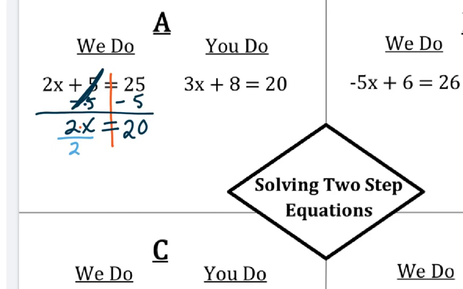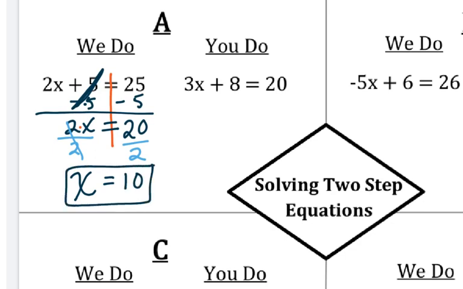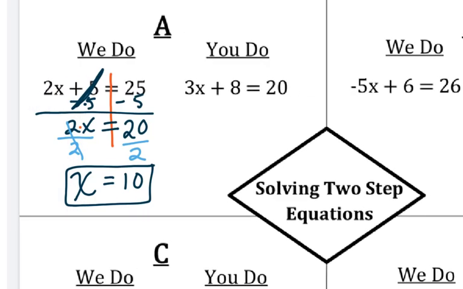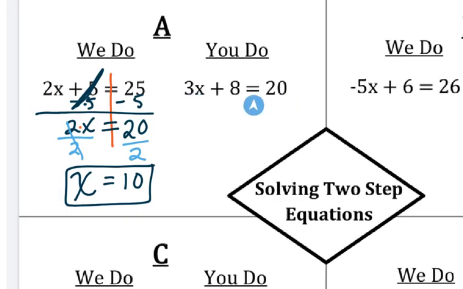If we divide by 2 on the left, we need to divide by 2 on the right. So now that leaves me with x equals 20 divided by 2, which is the number 10. So now try the you do for letter A. In box A, go ahead and try the next question.